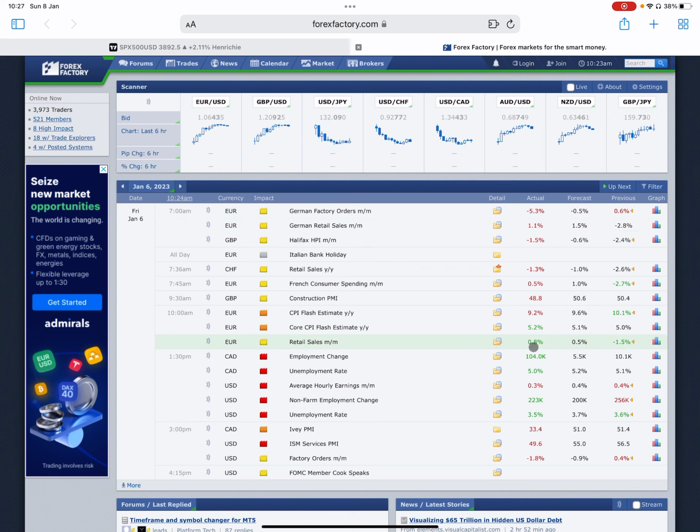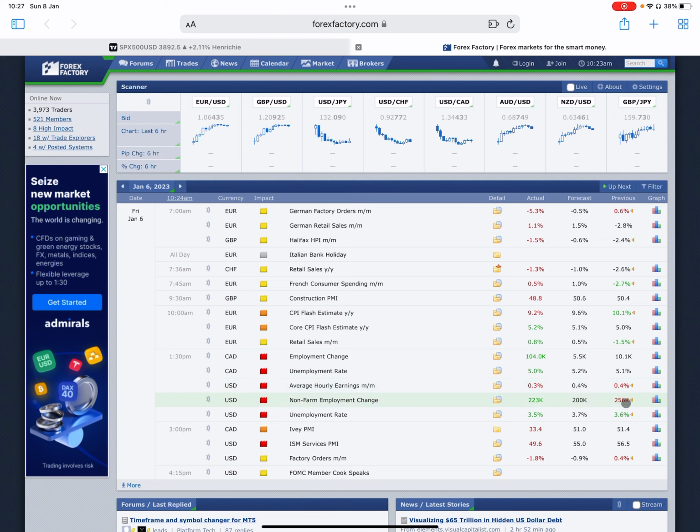So in a situation where it's a high impact news like this, now the actual is blank. Now you look at this, previous 0.4, forecast 0.4. You have that at the back of your mind for the high impact news coming out at this time. This first one, average hourly earnings, is 0.4% and 0.4%, so I'm kind of neutral on that one.